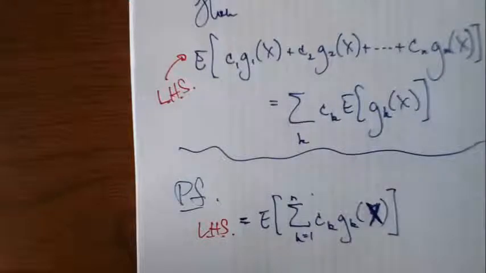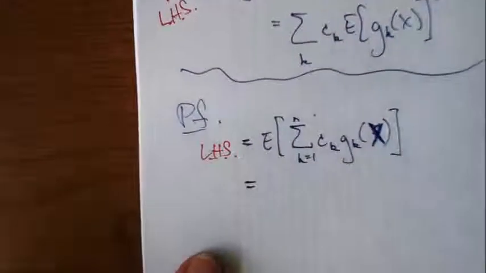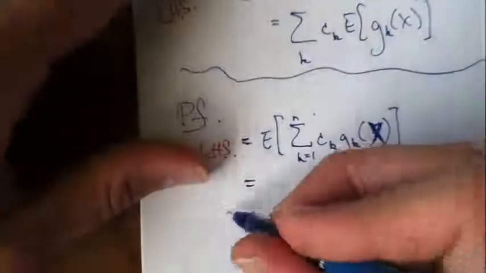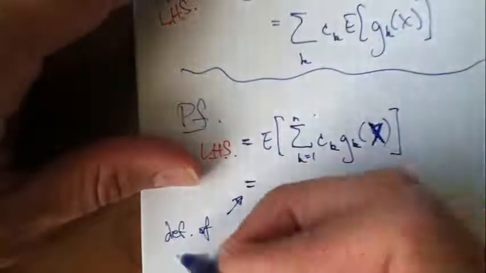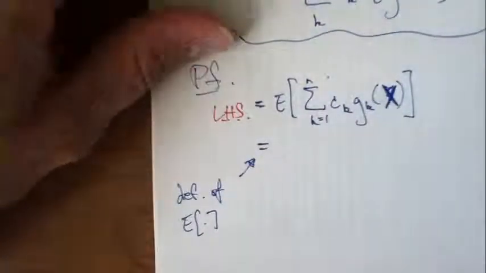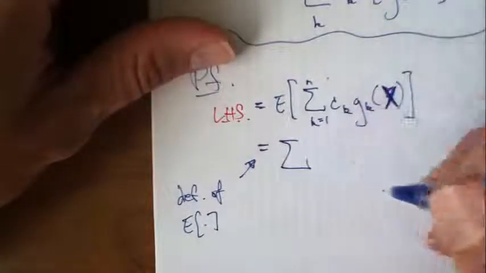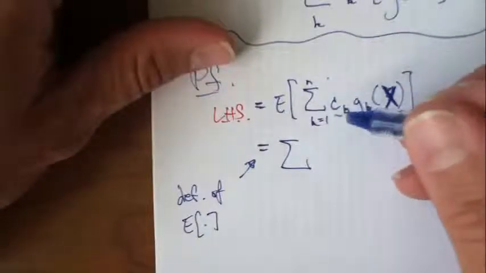Now, whenever you go about trying to prove something, if you don't know where else to start, probably the best place to go is the definition. So let's apply the definition of expected value. What does the definition tell us to do? It says to sum up all of the things that look like this, but weighted against this probability function.